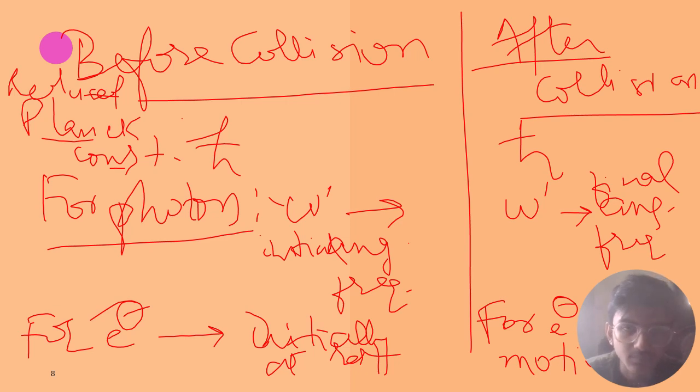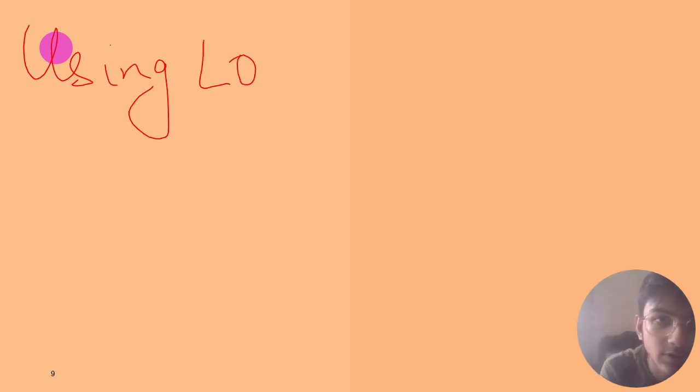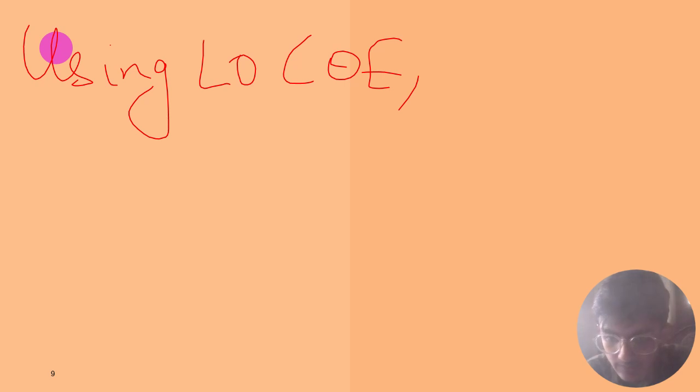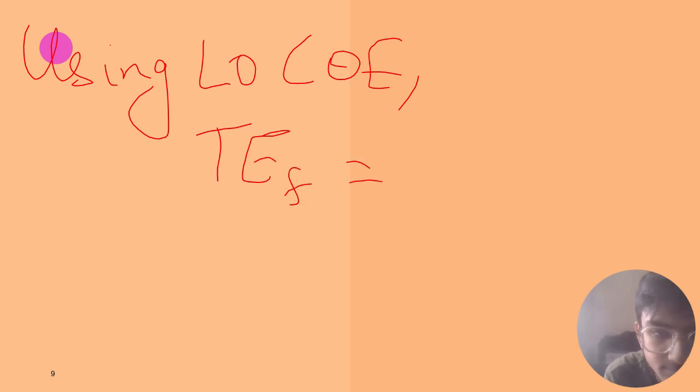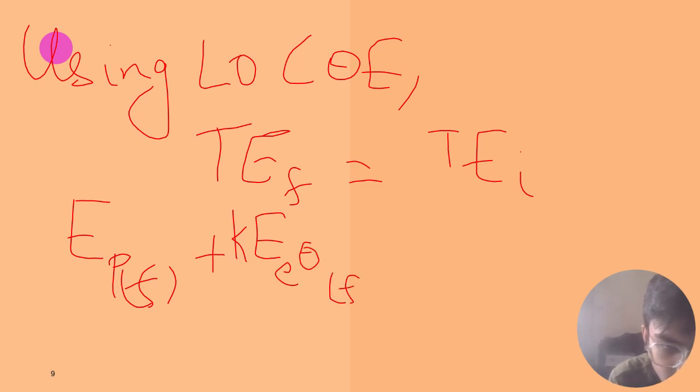So first, using the law of conservation of energy, total final mechanical energy after collision will be equal to total mechanical energy before collision. So writing this. Now total energy will include the energy of the photon after collision plus the energy, especially kinetic energy, of the electron after collision.